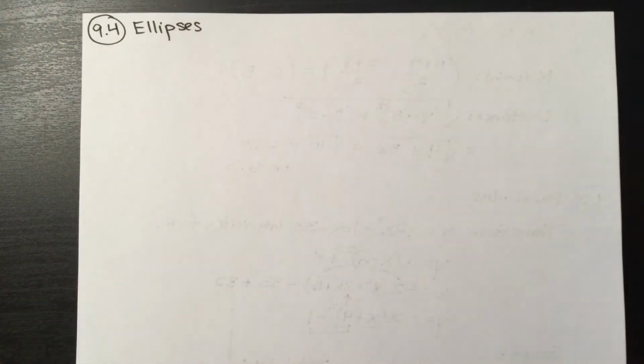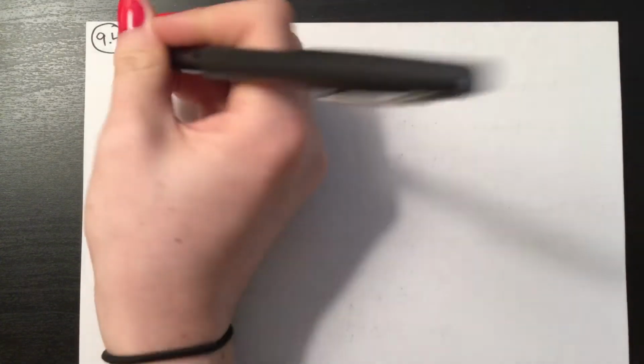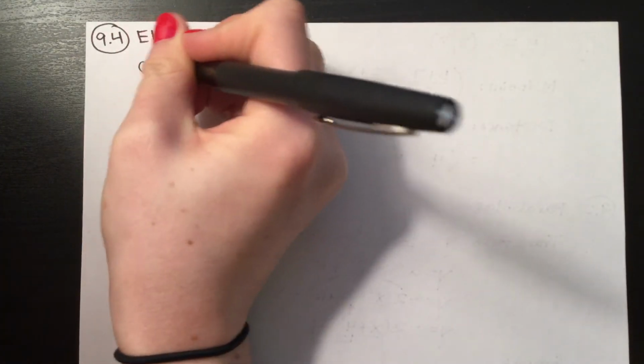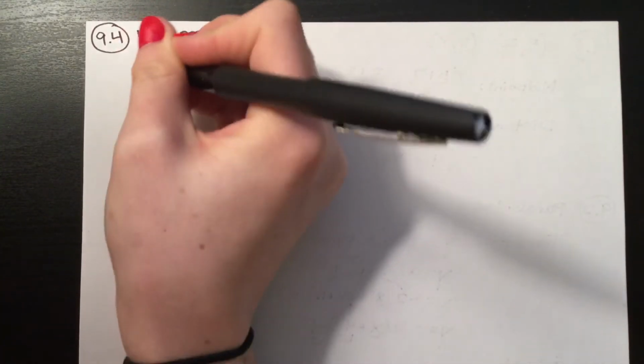Okay, so here's the type of questions that you're going to see for an ellipse. I'm going to give you the vertices and the co-vertices, and then you are going to create the equation. The directions will be write the equation.